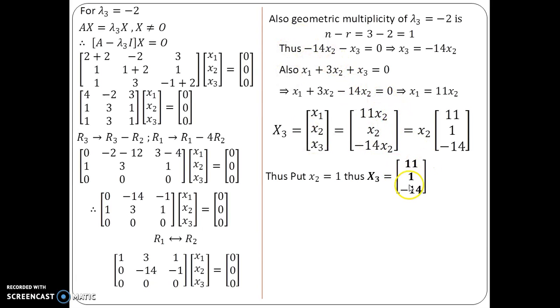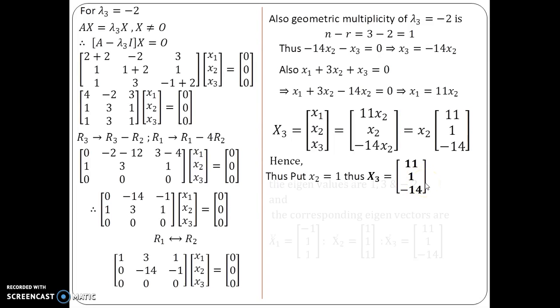Now remember that you can choose any other values for x2. You cannot choose 0, but if you take x2 as minus 1, it will be just minus 11, minus 1 and 14 over here, nothing else. It will be just a multiple of this vector.